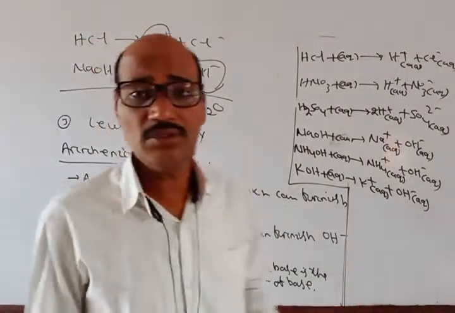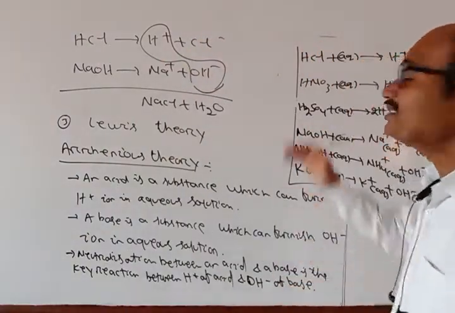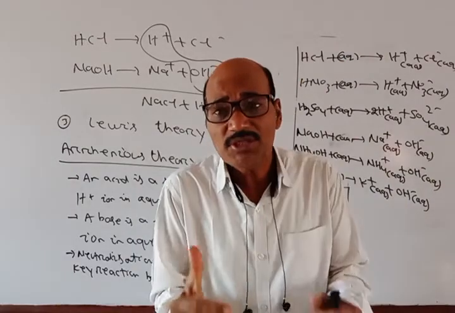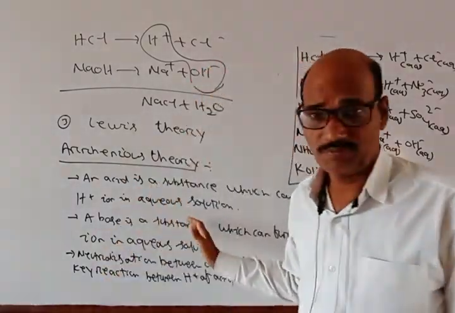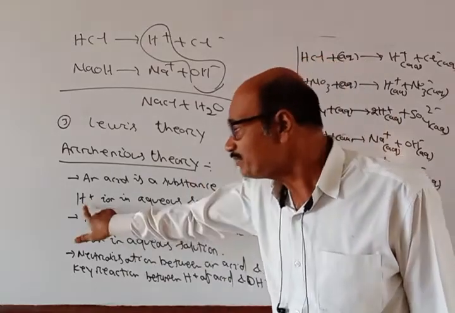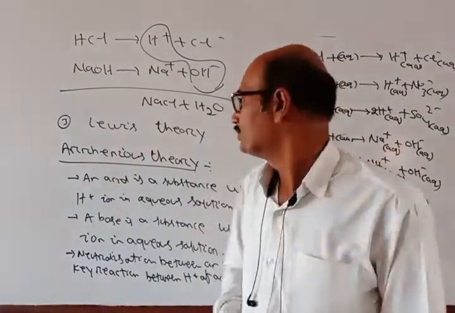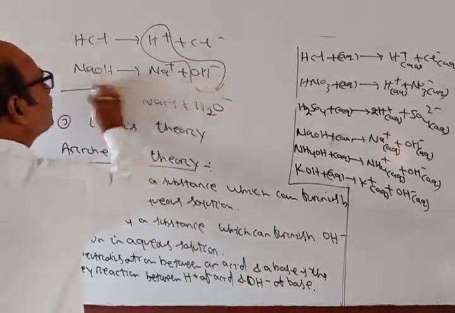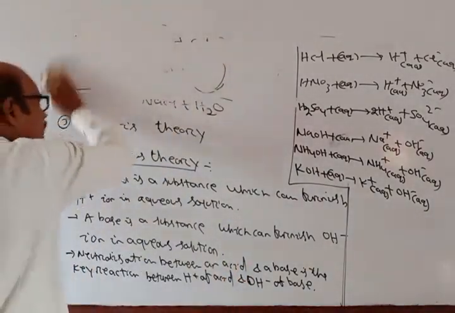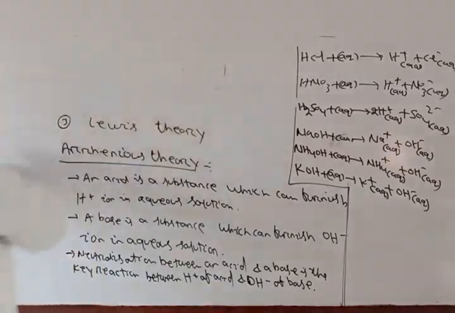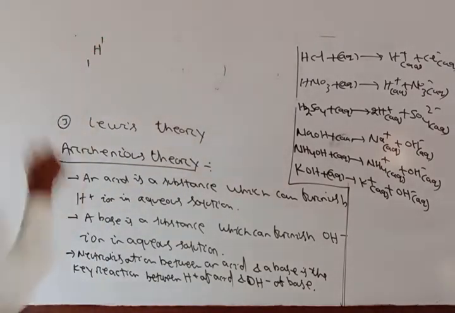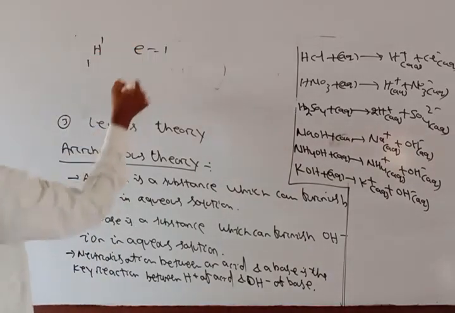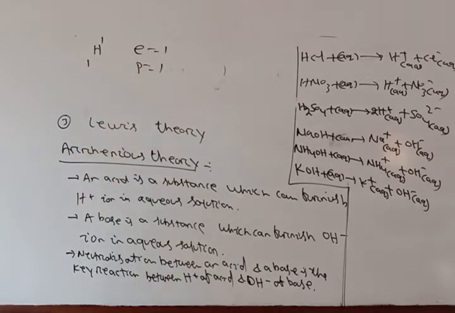But one thing you can notice here: when this acid is dissolved in water, it is giving H plus ion according to this theory. But we know H plus is a proton. When I talk about the hydrogen atom, we have H1, in which we have one electron and one proton.